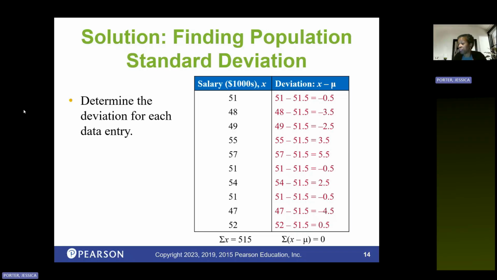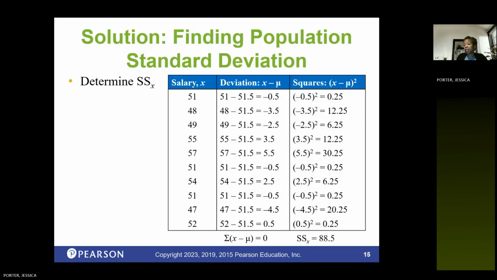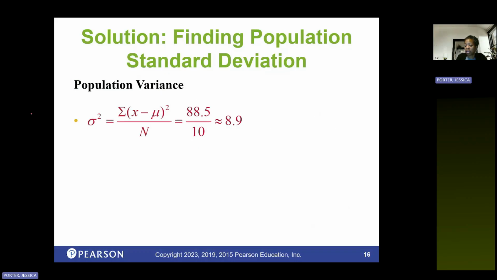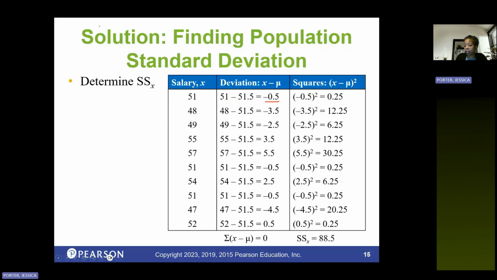Okay. Now, what we're going to do is now take the square of each of those. So I'm going to square, I got negative 0.5. I'm going to square that to get 0.25. And then I'm going to add all of those together to get my sum of squares. Sum of squares, previous screen was 88.5.